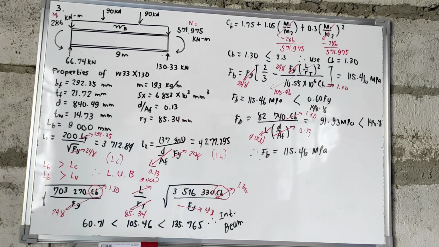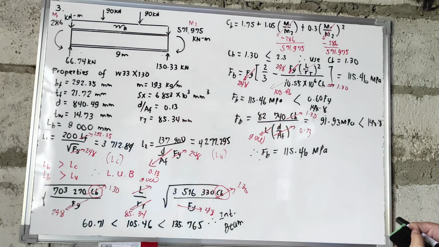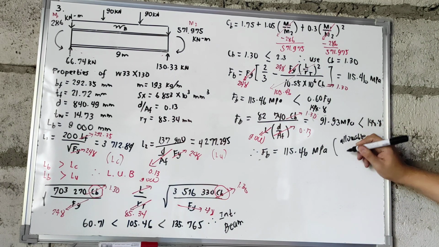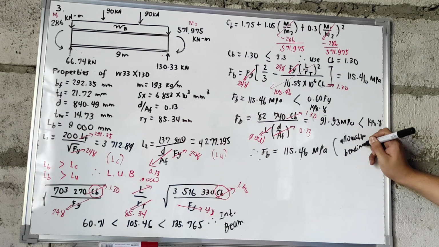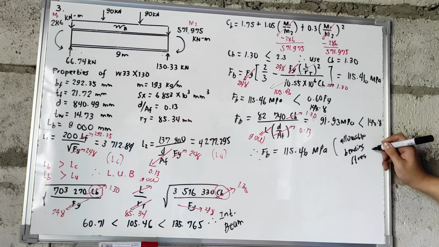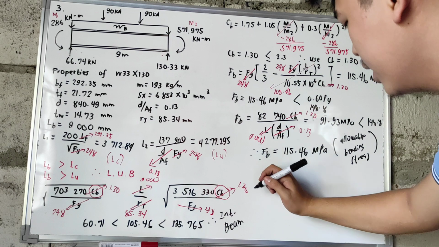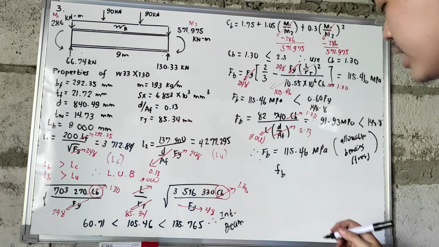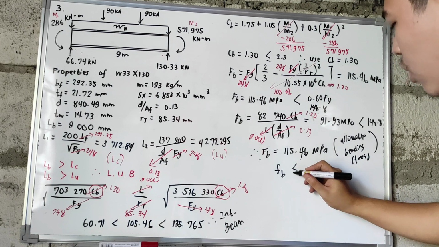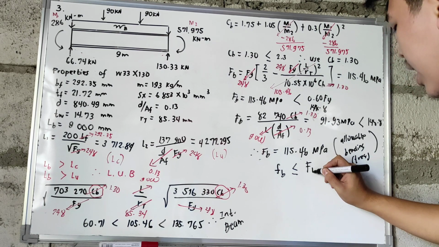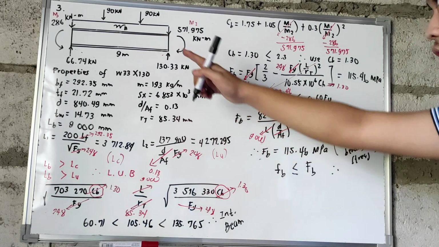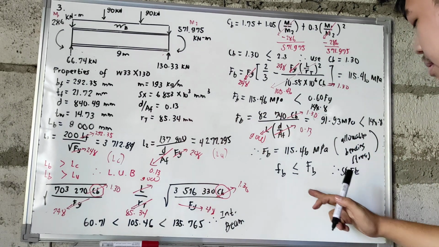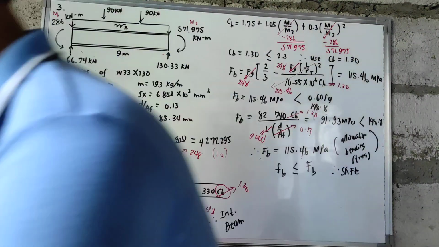So, yung FB natin na to, since capital yung F natin, ito yung magsisilbing allowable bending stress. So, kapag yung actual bending stress natin nag-less than siya or equal sa value ng allowable natin, therefore, yung beam natin safe siya. Otherwise, unsafe yung beam natin.